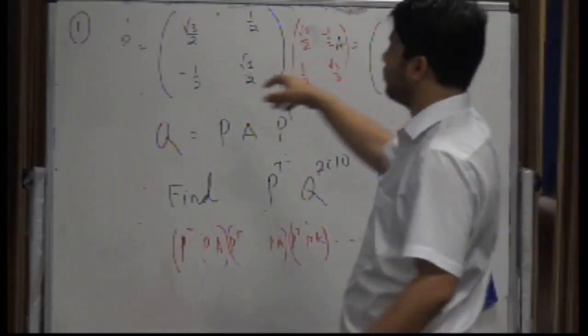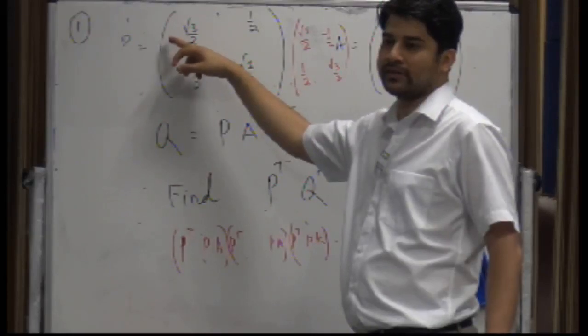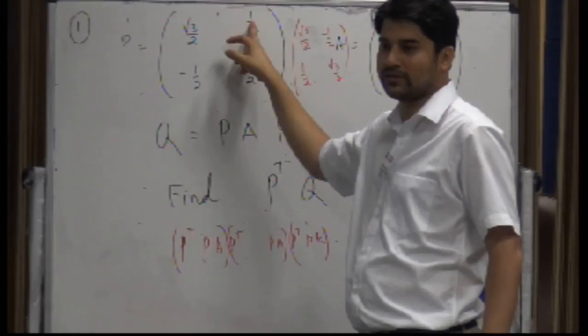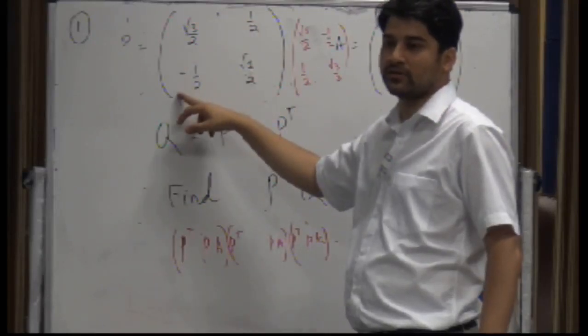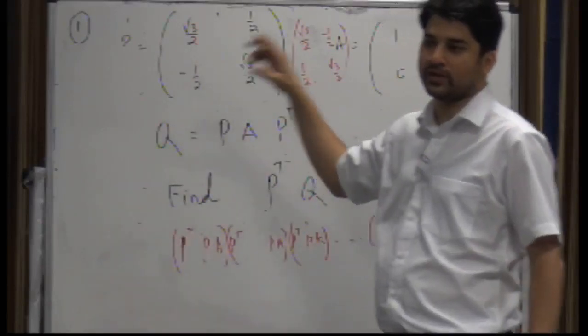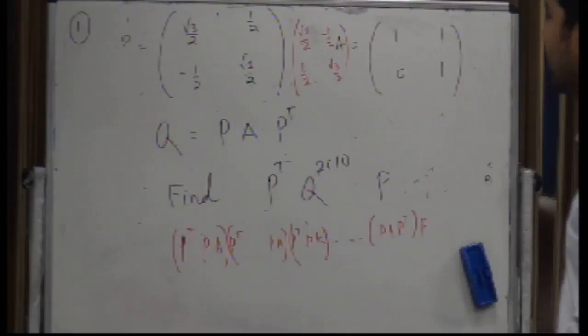Root 3 by 2, root 3 by 2, it's a trigonometric thing. Sine 60, cos 60, cos और minus cos 60. And you know it में प्लस हो जाता है, तो आपको कहीं ना कहीं हिंट आ जाएगा कि ये 1 है.